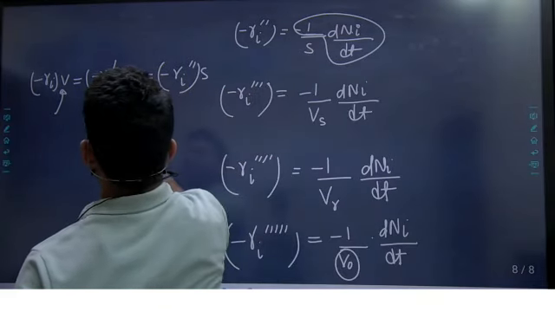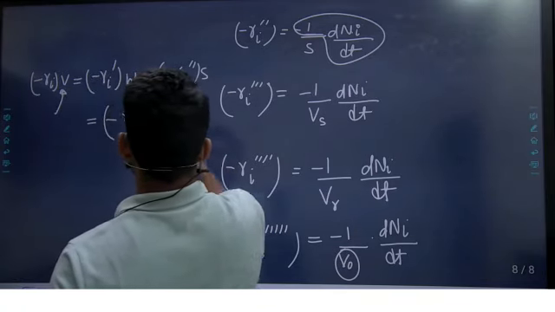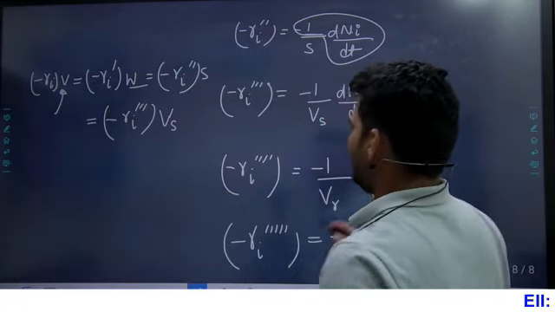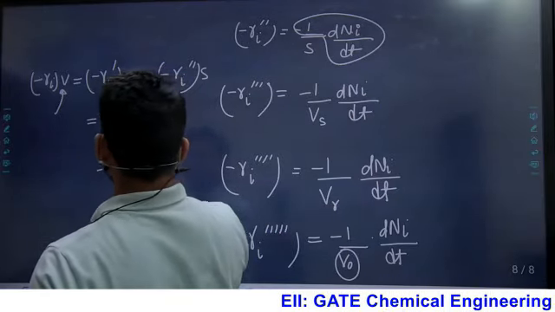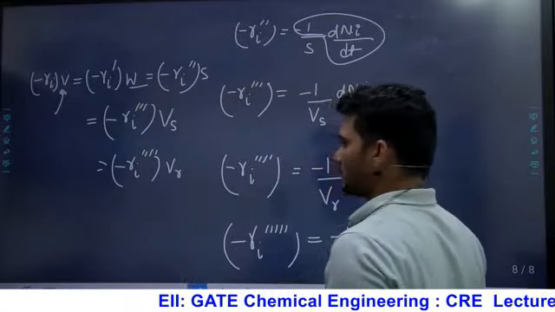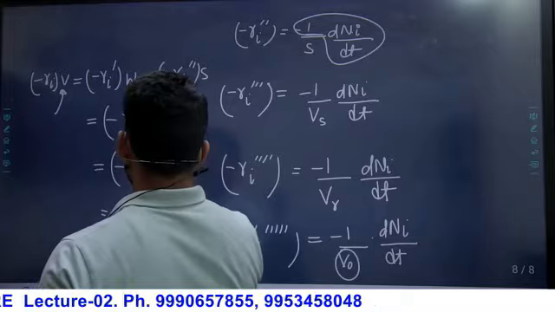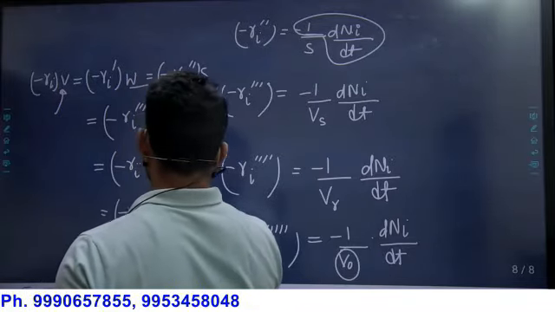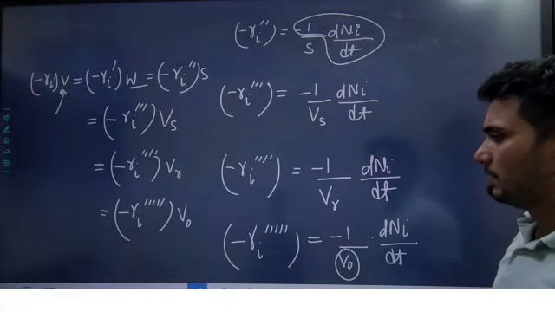That equals minus Ri triple prime into Vs, the volume of solid. You can write it as equal to minus Ri fourth prime into Vr, the volume of the reactor, which equals minus Ri fifth prime into VO, the void volume of the reactor.